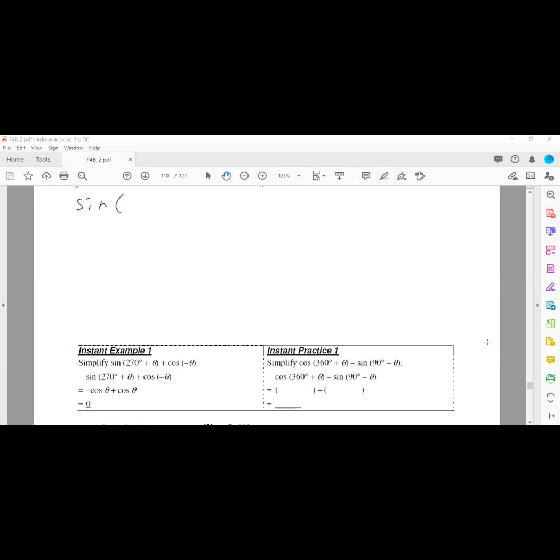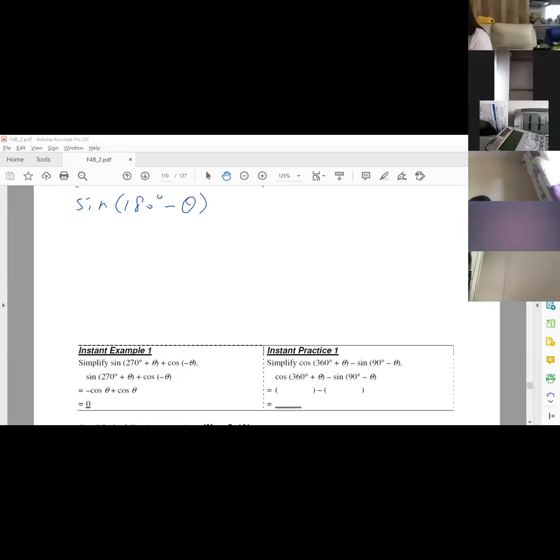Sine 180 degrees minus theta. Okay, so if I want to simplify sine 180 degrees minus theta, I need to simplify this as like this, okay? It's equal to, there will be three parts.